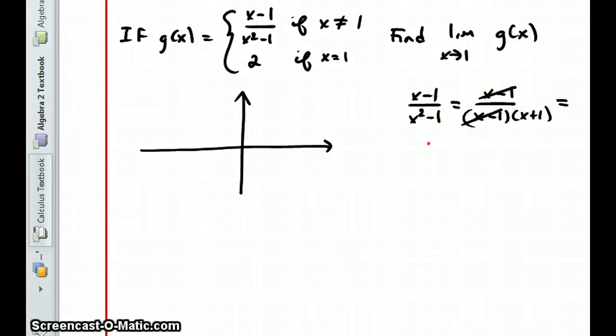And once we cancel out our like factors, we end up with the reduced rational function 1 over (x plus 1). We let the denominator equal 0, we get a vertical asymptote at x equals -1.